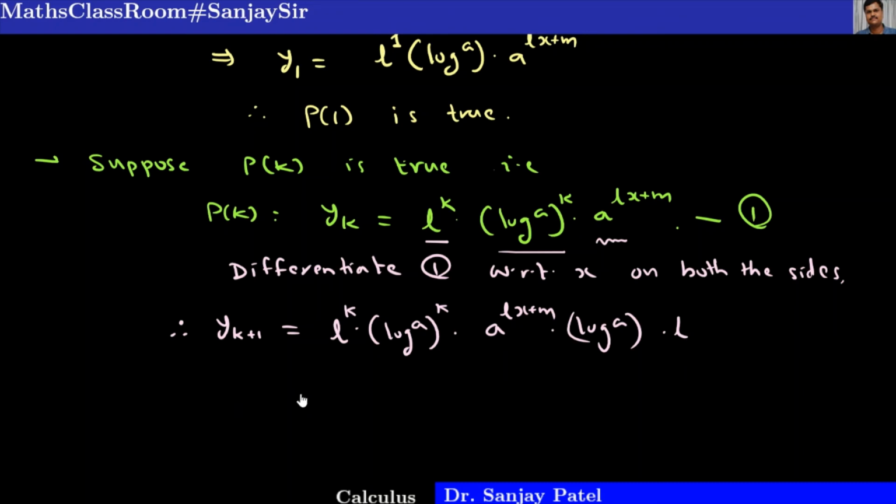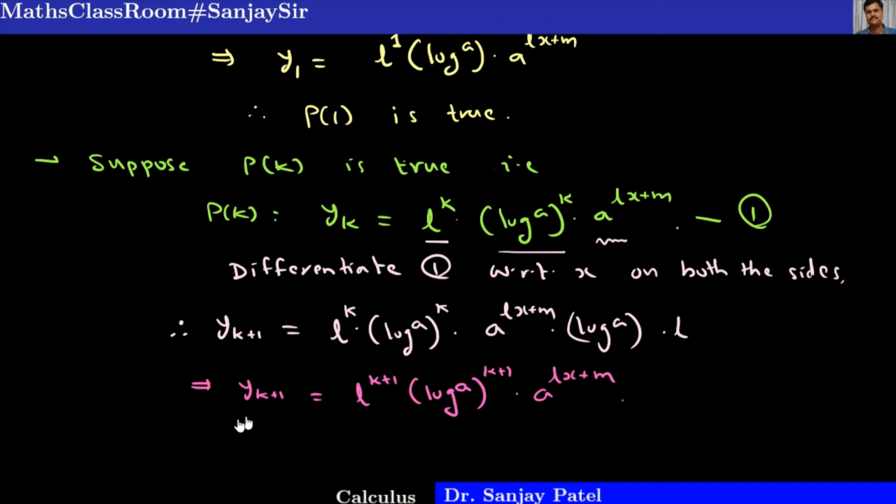Simplifying this, what we get is yk plus 1 is equal to L raised to k plus 1, multiplying L raised to k and L, and here we get log of a raised to k plus 1 into a raised to lx plus m.